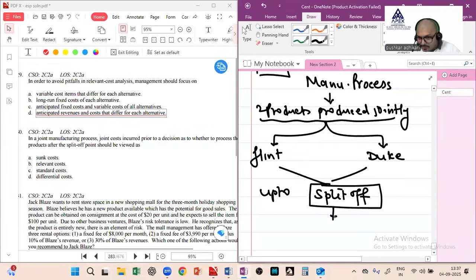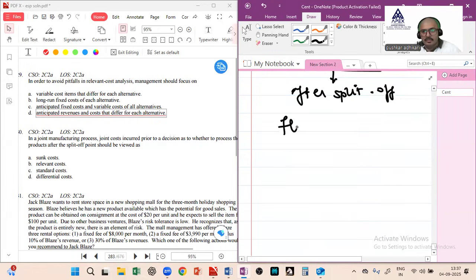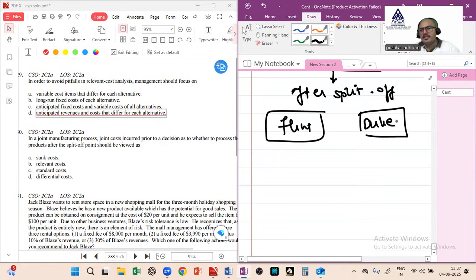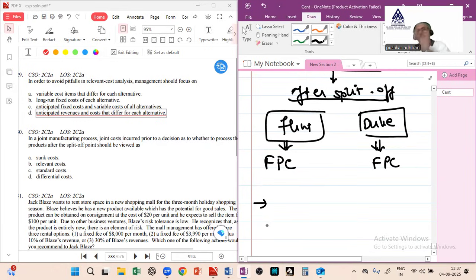But after split off, Flint becomes a separate entity and Duke becomes a separate entity. So after split off, Flint will have his own further processing cost and Duke will have his own further processing cost. Now please try to remember, this is a concept and it will be useful very soon.